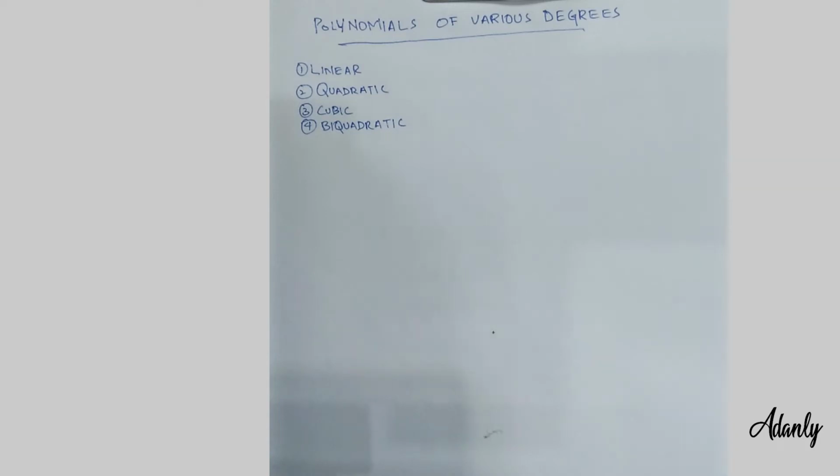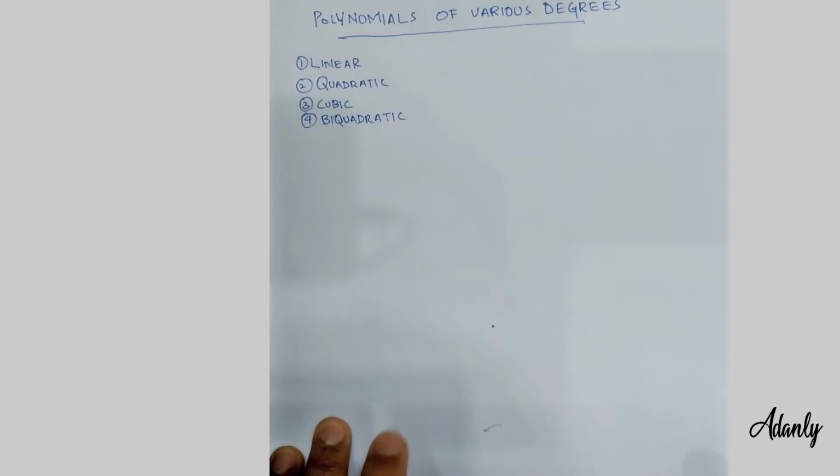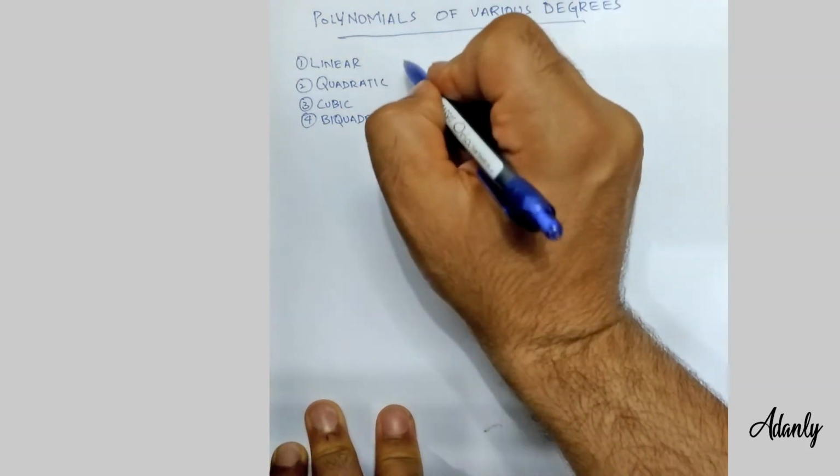Now, polynomials of various degrees. Polynomials with respect to their degrees also have special names. For example, we have linear polynomials, quadratic polynomials, cubic polynomials, and biquadratic polynomials. So what is a linear polynomial?